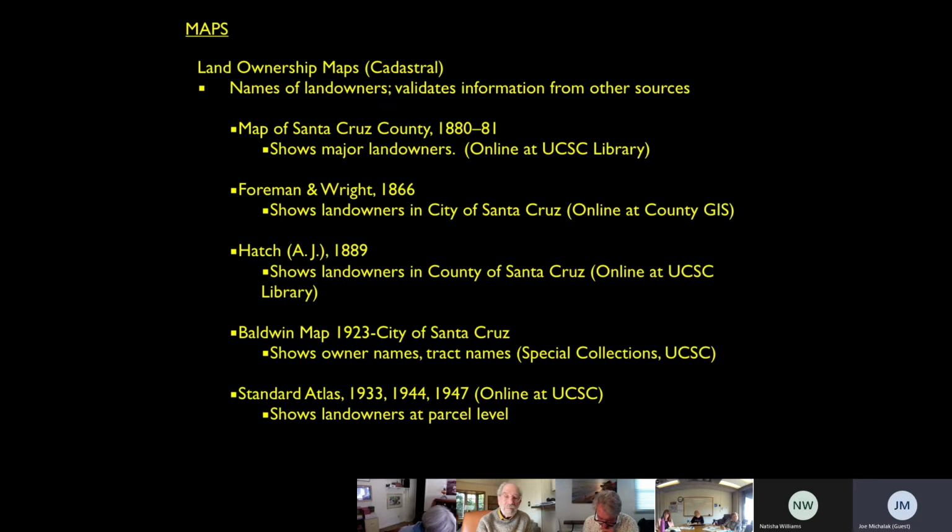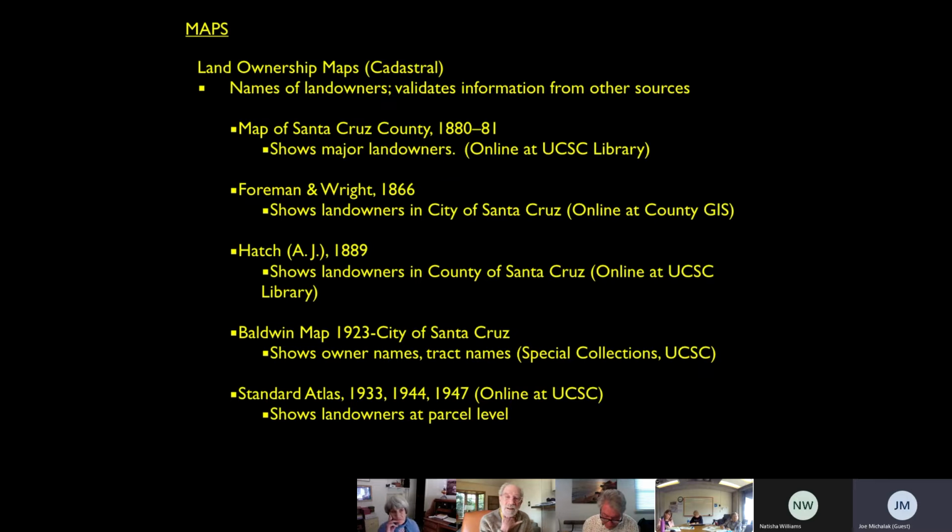And I'll talk about access to UCSC maps. This isn't correct right now because UCSC has taken them down. They're evaluating and reprogramming their map program, so it's not available. They do have Sanborns, but you have to go up there and use them on a workstation. I'll get into that later.